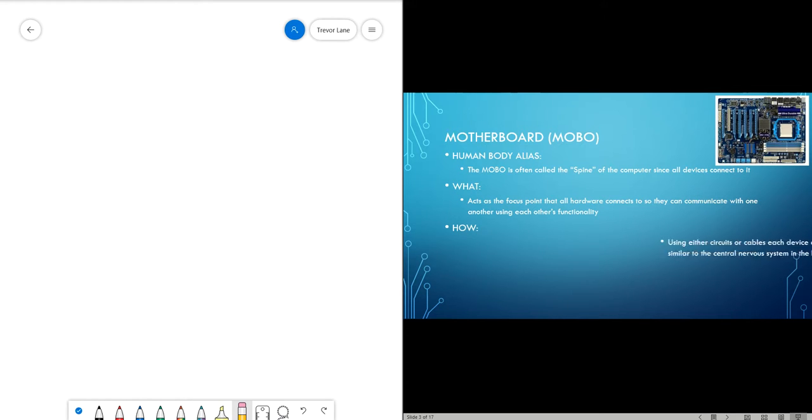So how does it actually do this? Well, using either circuits or cables, each device is going to connect to the motherboard. Now, when we talk about connecting to the motherboard, we use 2 terms, direct connection and indirect connection. A direct connection means that the part itself is actually plugged directly into the board, and that reduces travel time for information. So if there's no cable that it's got to run through, it goes directly into the hardware.